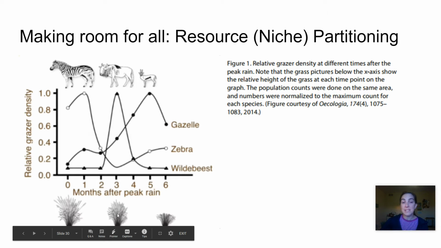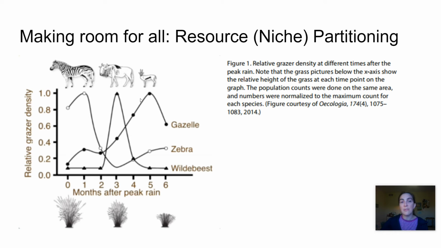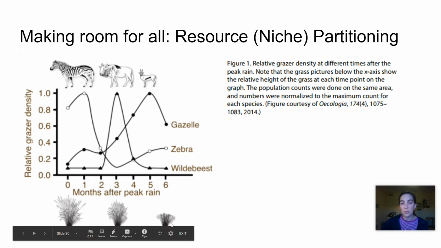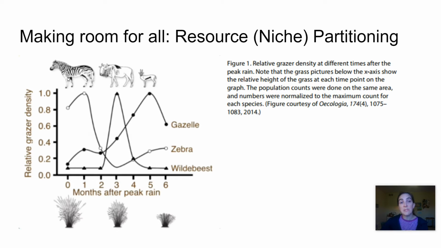And same kind of thing, as they graze down that grass, it gets shorter and a little harder to digest. And so the zebras and the wildebeest can't eat as much of it, but the gazelles are very good at chewing that short little grass that's left. And so then their population spikes. So these three species can coexist even though they're eating the same grass because they eat it at different times.